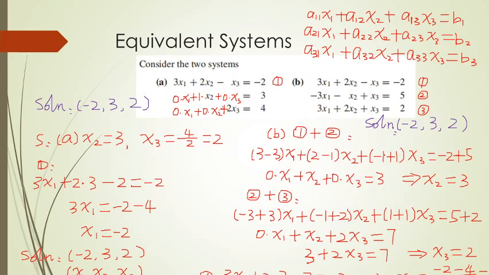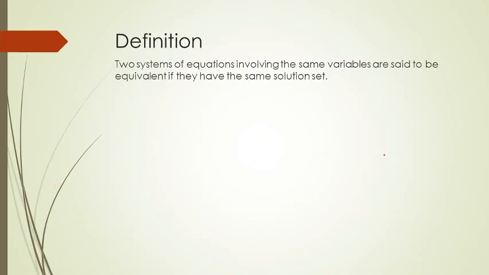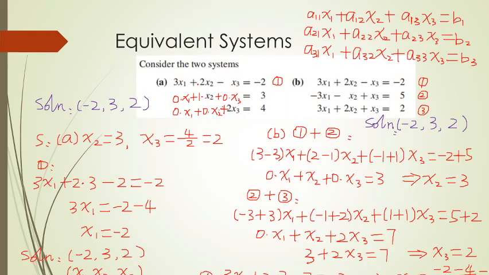So the definition: two systems of equations involving the same variables are said to be equivalent if they have the same solution set. Of course, they involve the same variables. We do have 3 variables. We solve x1, x2, x3, then we noticed that they have the same solution.